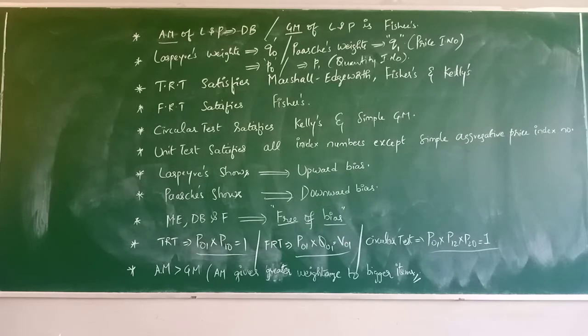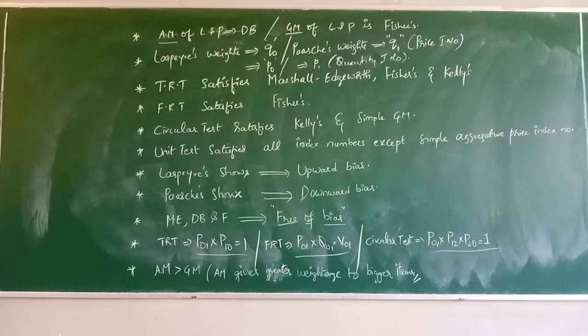That's why they are free of bias. Fisher satisfies TRT, Fisher satisfies FRT, Fisher is free of bias, and Fisher considers both base and current year quantities. And Fisher's method uses the geometric mean, which is the best average for finding the index number. That is the reason Fisher's index number is called an ideal index number.